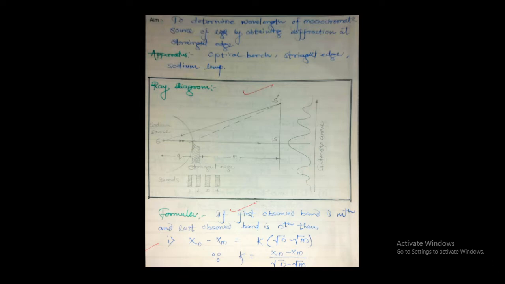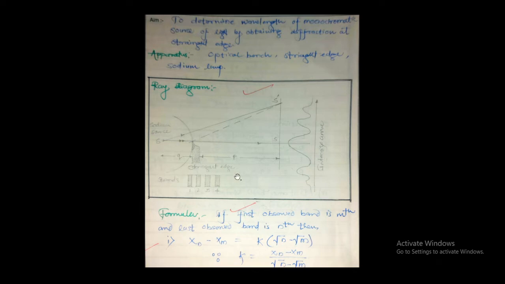Now what is the obstacle we use here for the diffraction? The obstacle used here is a straight edge. This is the source of light and this is the screen. In order to have this diffraction pattern on the screen, the obstacle is a straight edge.